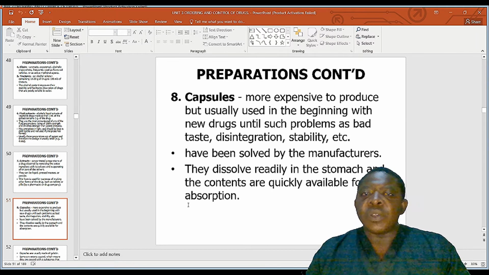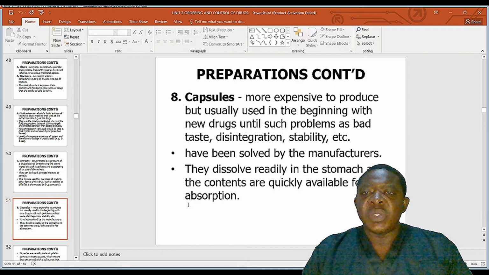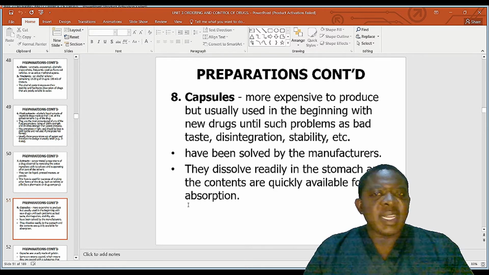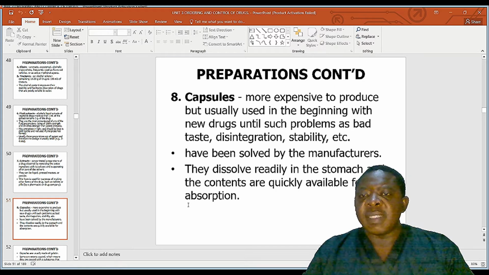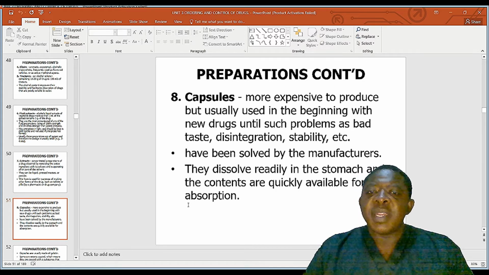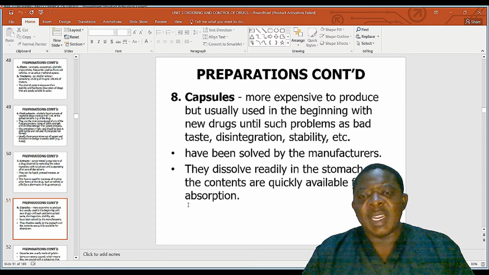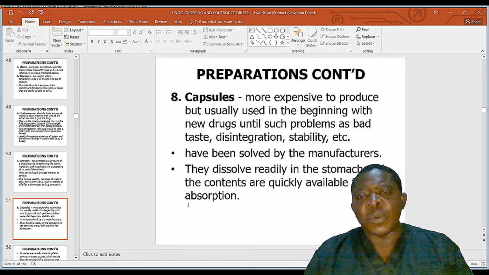Then capsules, more expensive to produce, but usually used in the beginning with new drugs until such problems as bad taste, disintegration, and stability have been solved by the manufacturer in many ways. This time we would say formation of capsules is one of the cheapest.